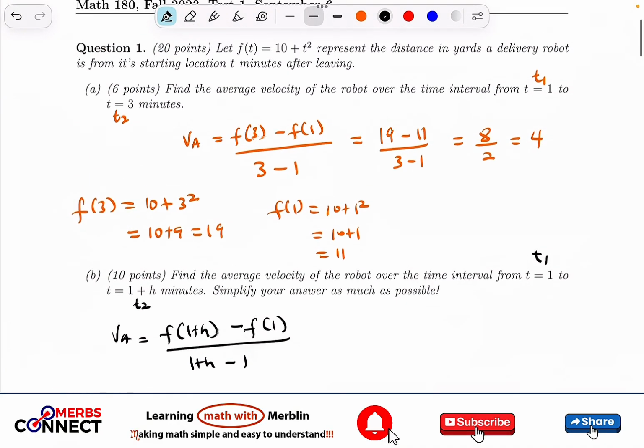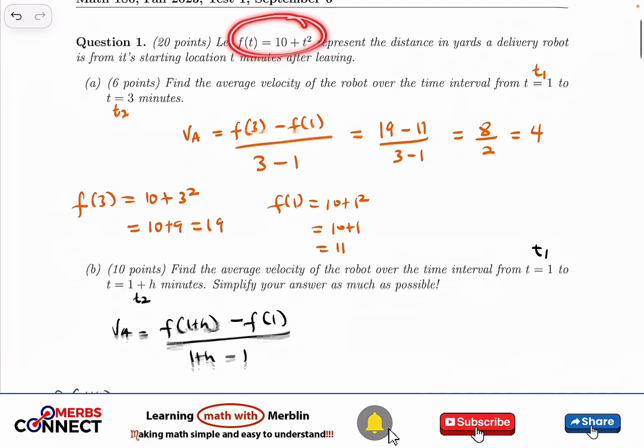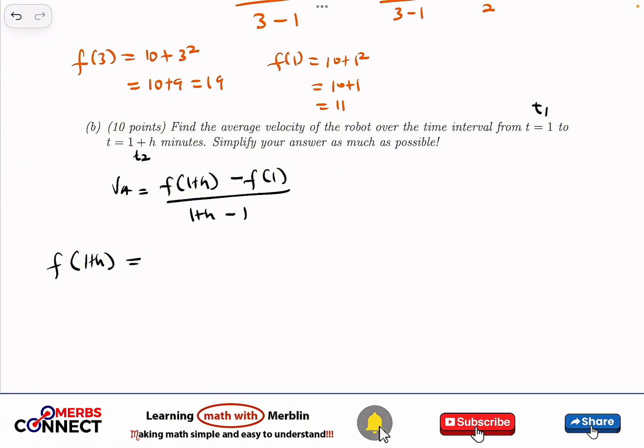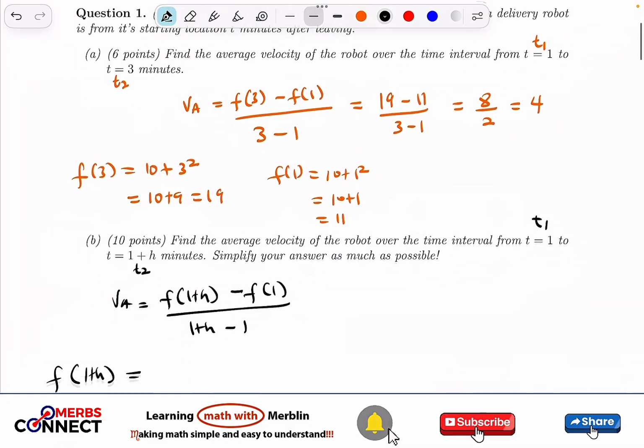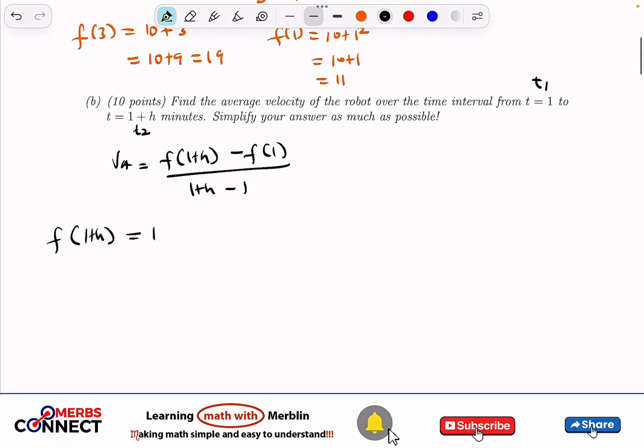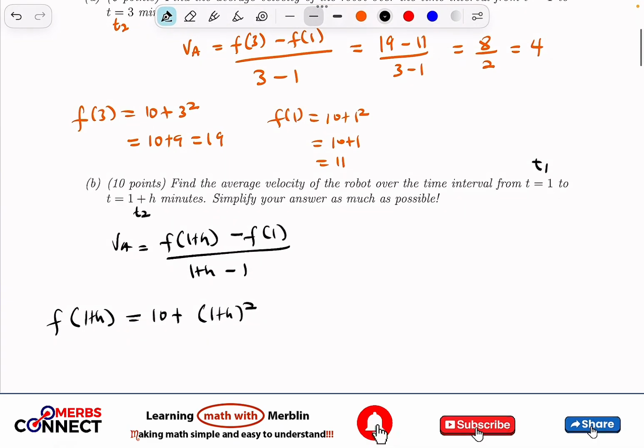Now let's look at how you can expand this. We are going to have something like this: 10 plus 1 plus h squared, right? Because the function given to us is f of t equal to 10 plus t squared.